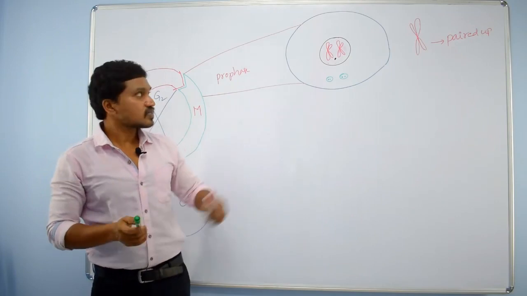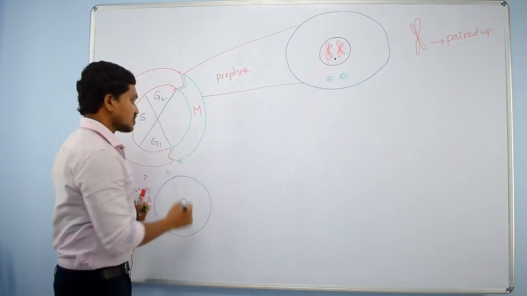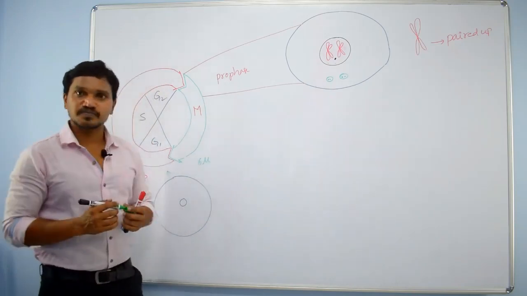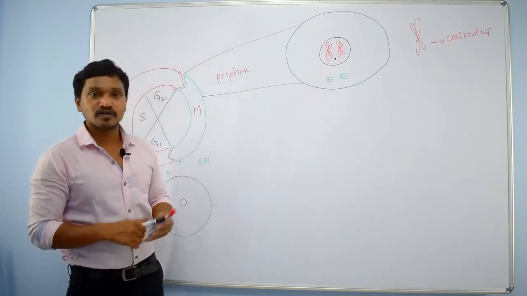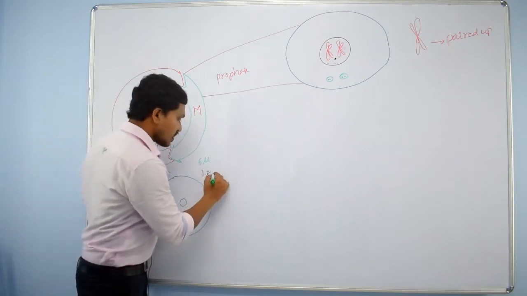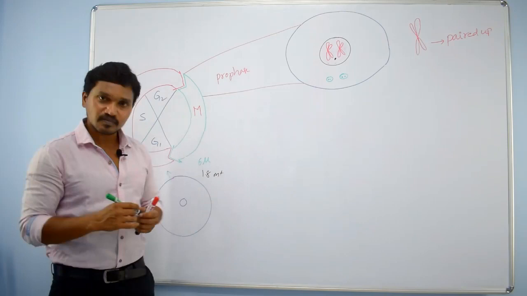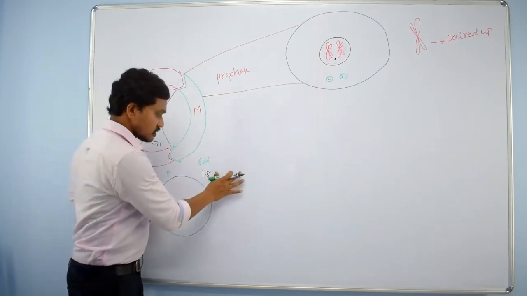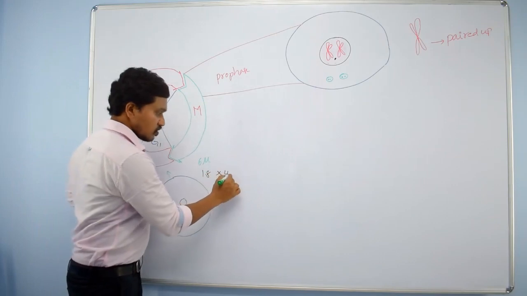Because what is the size of the nucleus? Around 6 microns. Then what is the length of a single DNA? Around 1.8 meters. So 1.8 into 46.